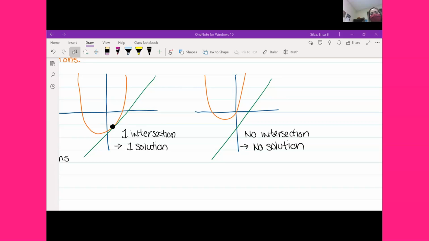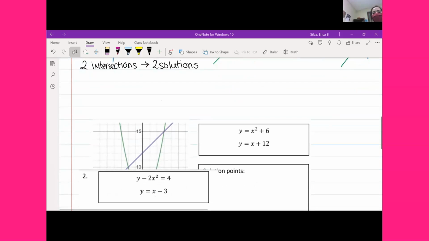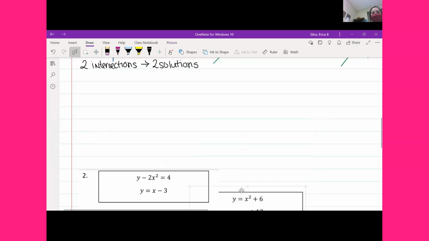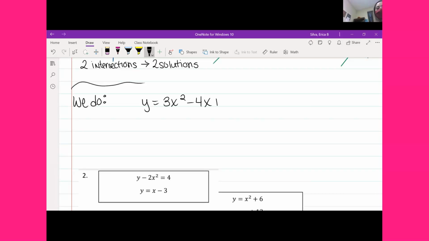All right, we're going to do one example together. So this will be the I do, or sorry, the we do. We're going to use Desmos and plug in this equation and this equation.